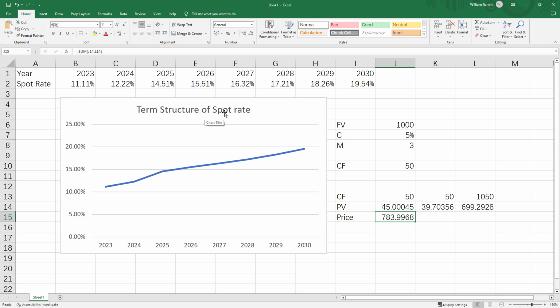We use that to draw the term structure of the spot rate, and use that chart, the different spot rates, to calculate the fair value of the bond right now. And you can use this as a model for you to monitor the bond price and the changing of the market. Okay, so you can try that out yourself.